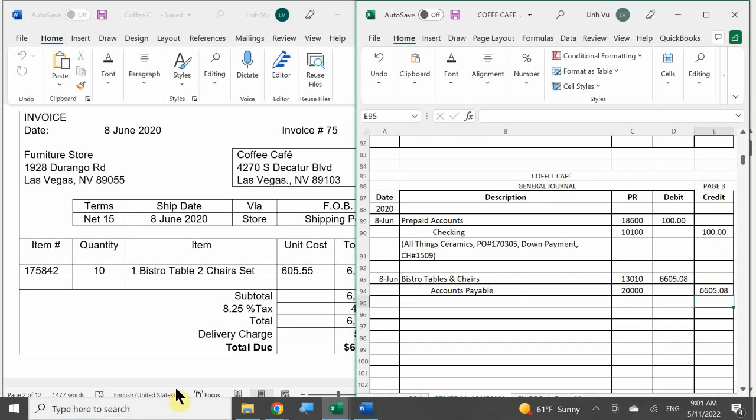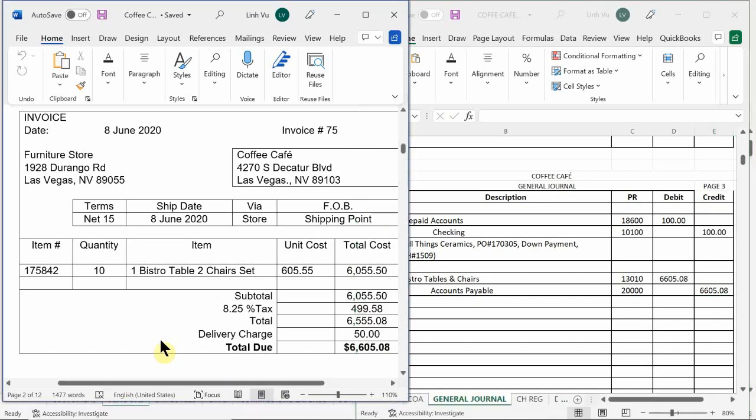Okay? Because my tables and chairs, right, in order for me to utilize this fixed asset, because it's furniture, I have to assume every cost it takes to get my asset to the store, but most importantly, to get it ready for service.